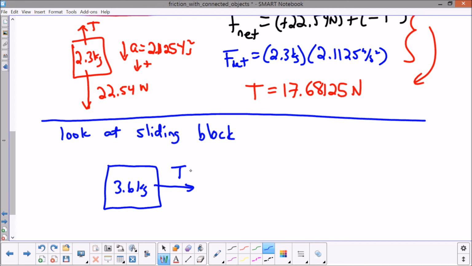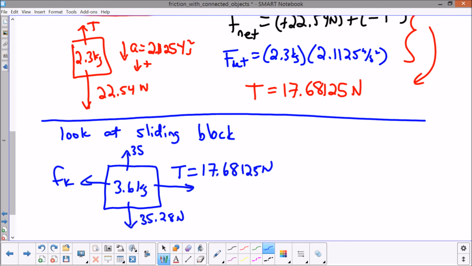There's the tension T that's pulling to the right. That's 17.68125 newtons that we just found up here. We have this force of kinetic friction that's acting to the left. We have the weight of 35.28 newtons, and also the normal force of 35.28 newtons.